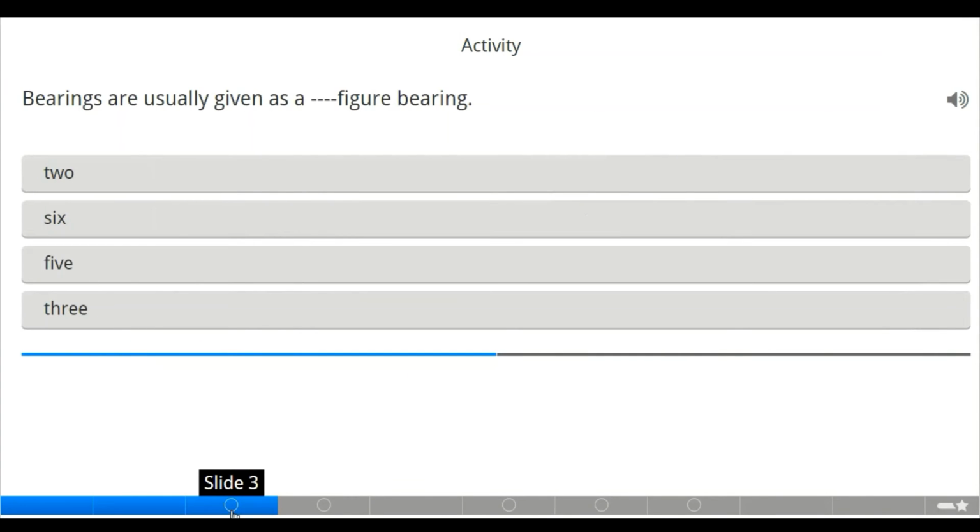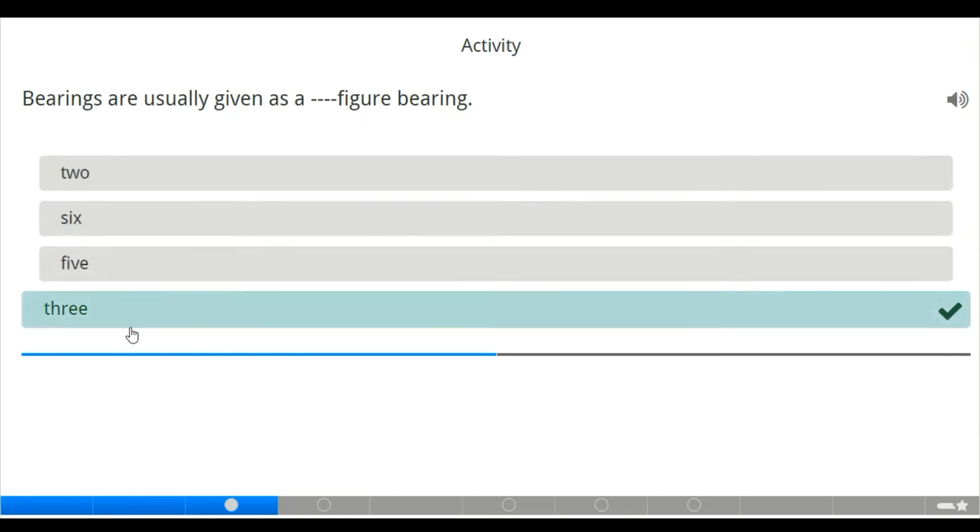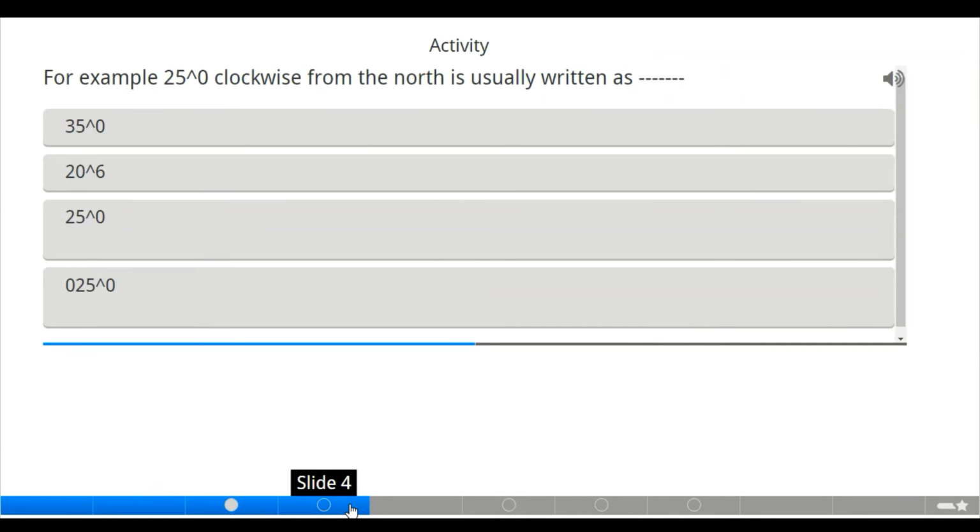Okay, so a bearing is usually a three figure bearing. Bearings are usually given as a three figure bearing. So if you want to write an answer related to bearing, our answer must be in three figures. Now let's look at an example of three figure bearing.